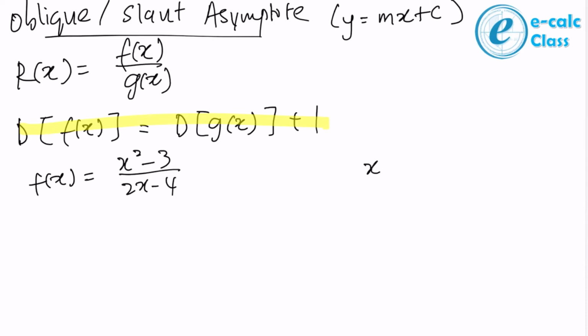So let's go ahead and do long division and see what happens. x squared plus 0x minus 3, divided by 2x minus 4.